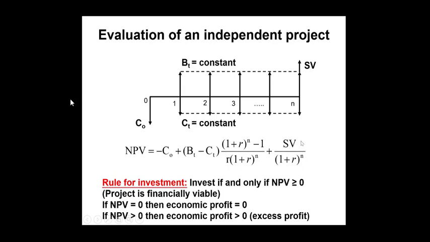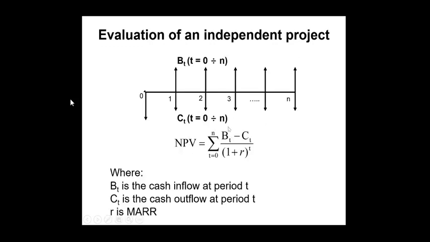Here we use the single payment present worth factor to convert the salvage value from period n to period 0. So this is the simpler formula to calculate net present value. It is simpler than the earlier formula, where we have to use the sum, which is more complicated.